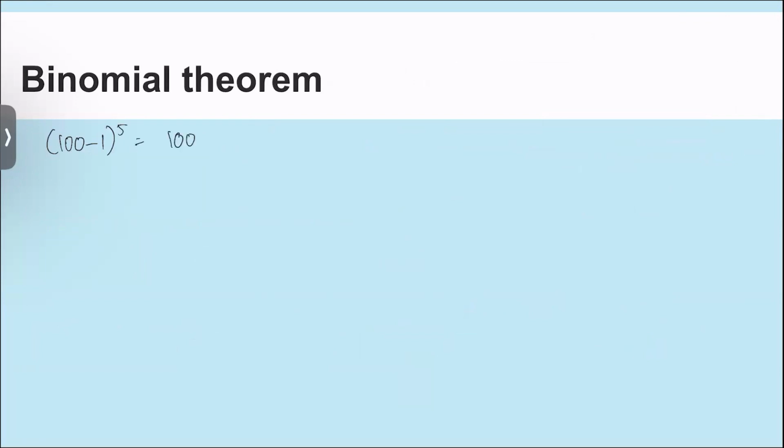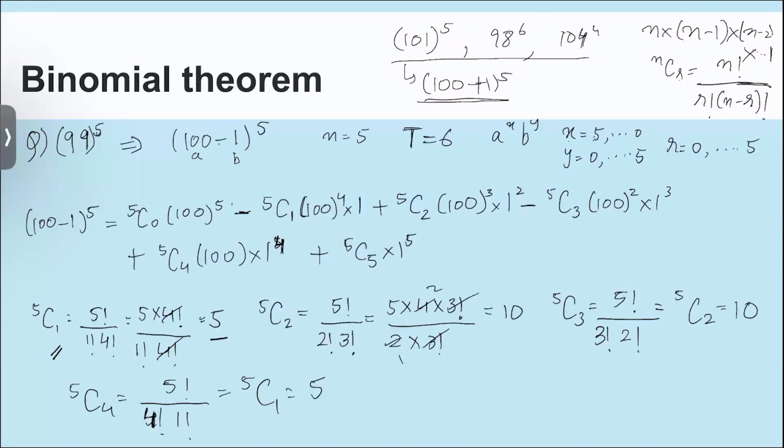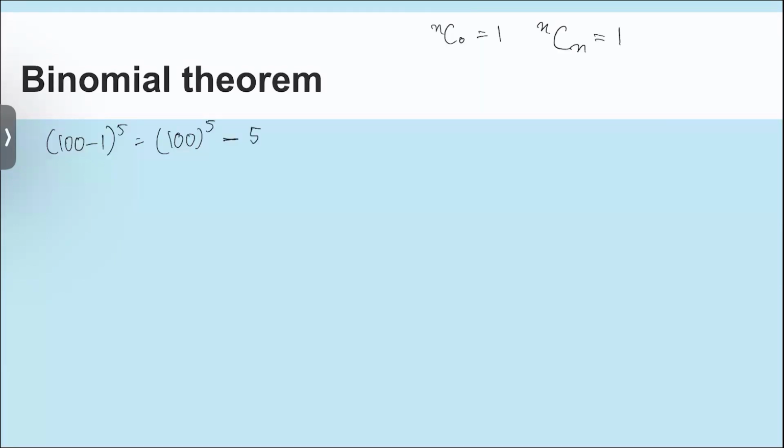So the first one would be 1, because when your r is equal to 0 it is 1, and when n and r are equal at that time also it is 1. So this will be 100 raised to 5 minus the second term's coefficient, which is 5. We have 5 and 100 raised to 4.